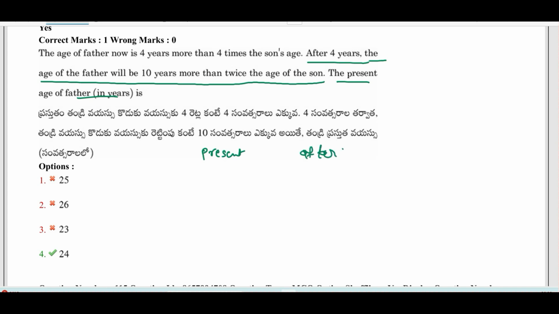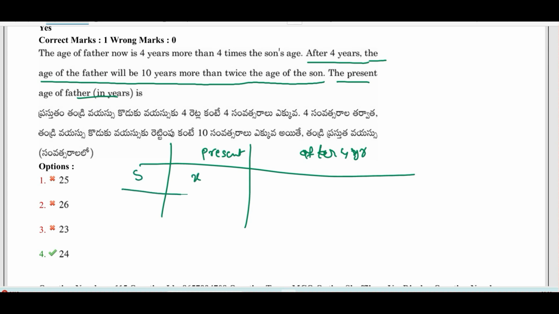If I suppose the son's present age as x, then the father's present age becomes 4 years more than 4 times the son's age. The son's present age is x, so 4 times the son's age is 4x, and 4 years more means 4x plus 4. After 4 years, the son's age becomes x plus 4, and the father's age is 4x plus 4 plus 4, that is 4x plus 8.